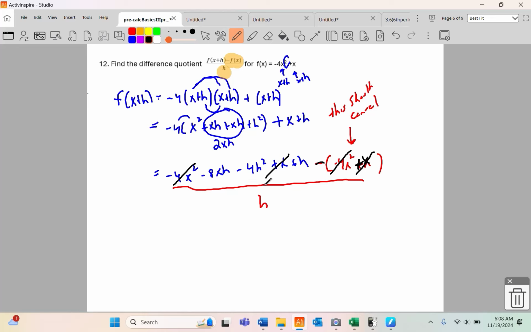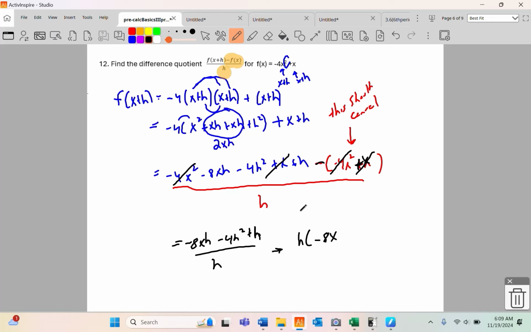All right, so what are we left with? We're left with a negative 8xh minus a 4h squared plus an h all over an h. And I don't show this often. I only show it a handful of times, and I just expect kids to remember. But every single thing has an h. I can actually pull the h out. So I can pull it from that negative 8xh, and I'd have negative 8x.